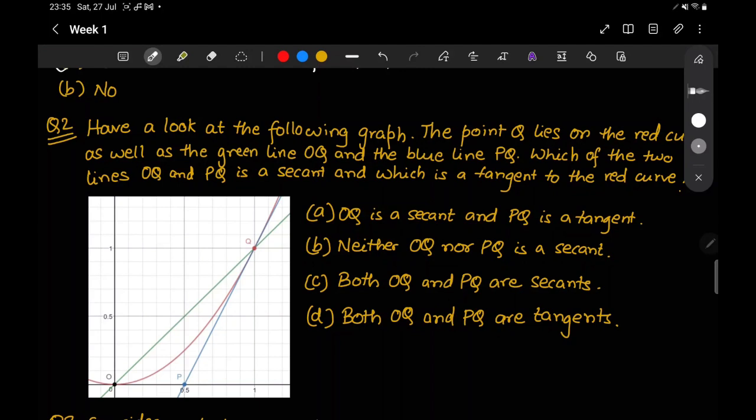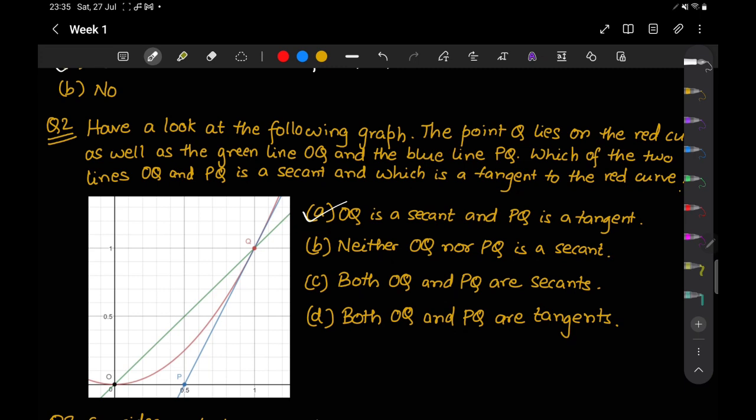Okay, so let us now discuss the answer. The correct option is option A once again. OQ is a secant and PQ is a tangent. So let us look at this graph. We are looking at this point Q, which is on this red curve.